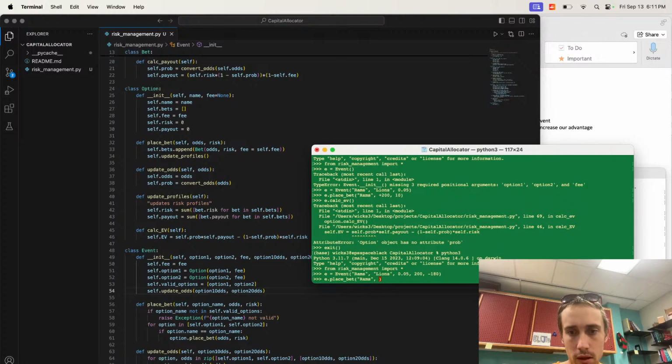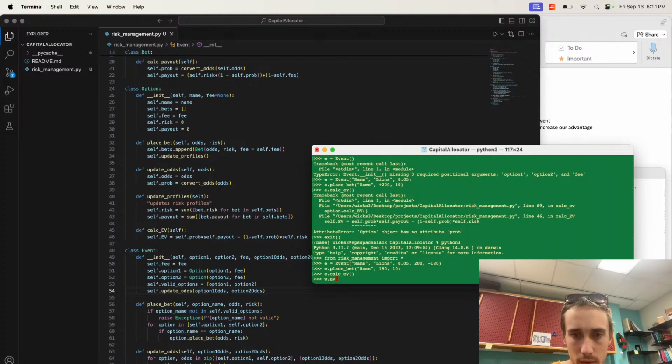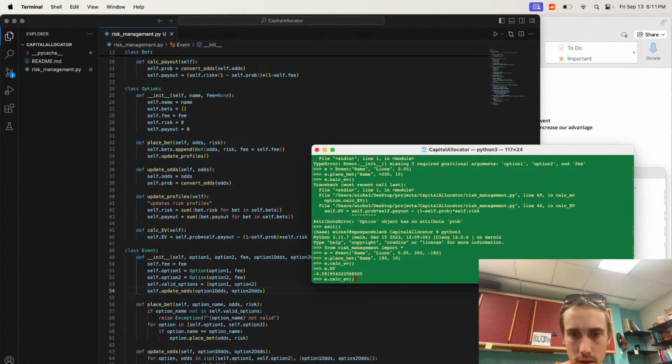The odds are plus 190, and we're going to risk $10. Okay, now if we place a bet on the Lions and it's minus 150, then we should end up with positive EV.